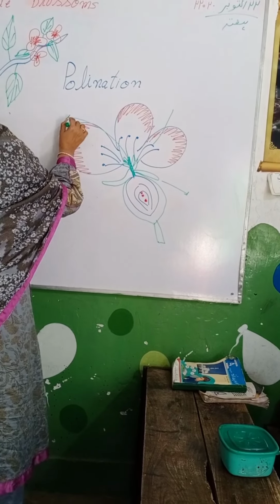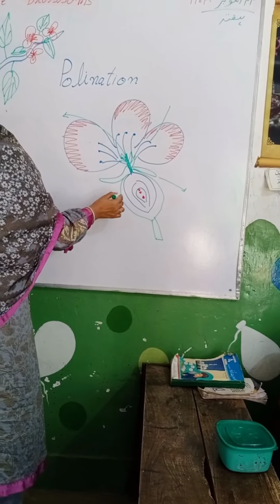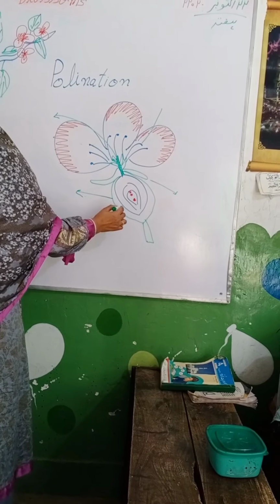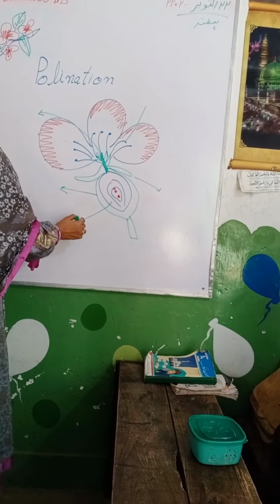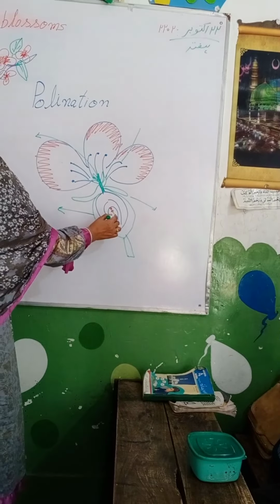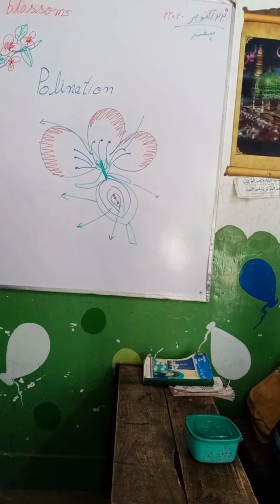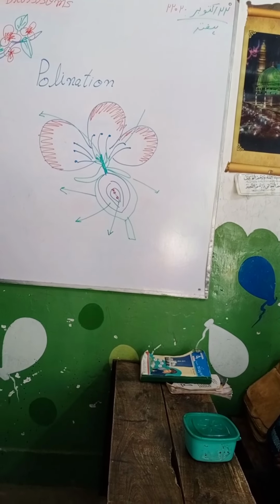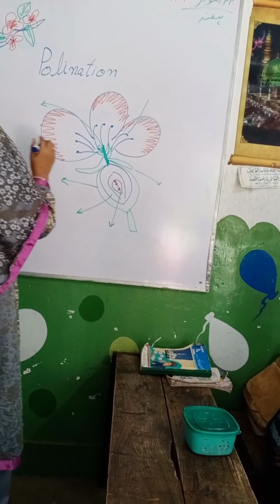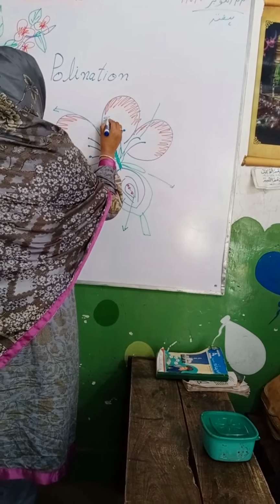Willow catkins use the wind to carry their pollen. Their dangling shape allows the wind to scatter the pollen grains.